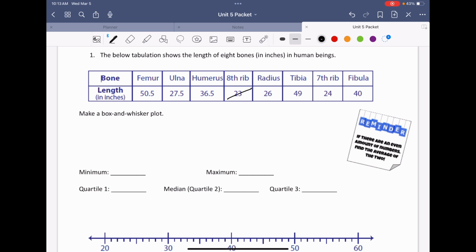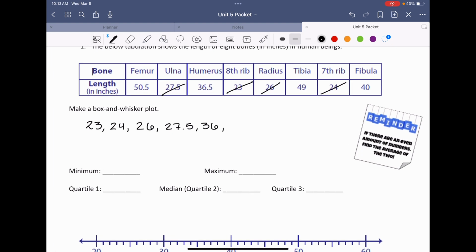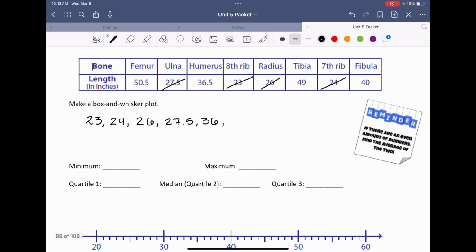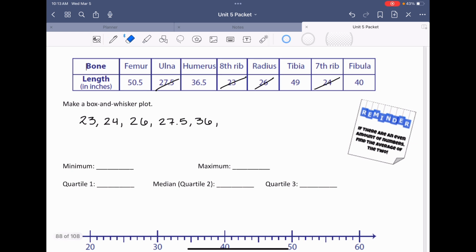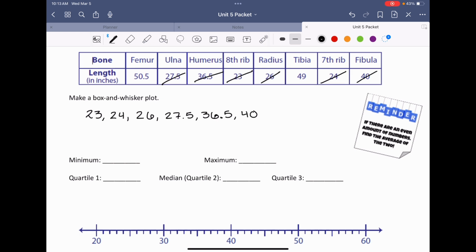Let's go through, cross it off, write it down. 24, 26, 27.5, 36.5, 40, 49, and 50.5. All right, so these are lengths of bones.